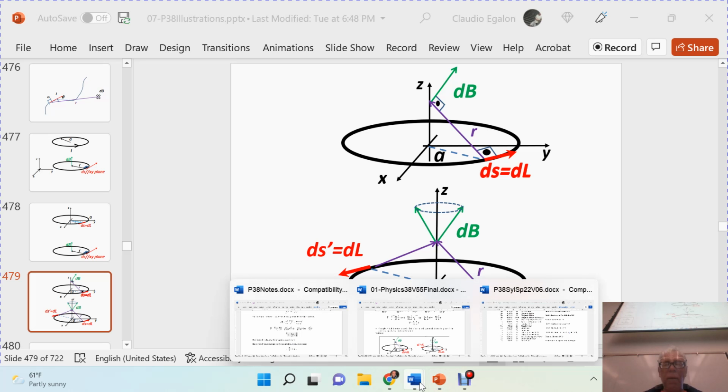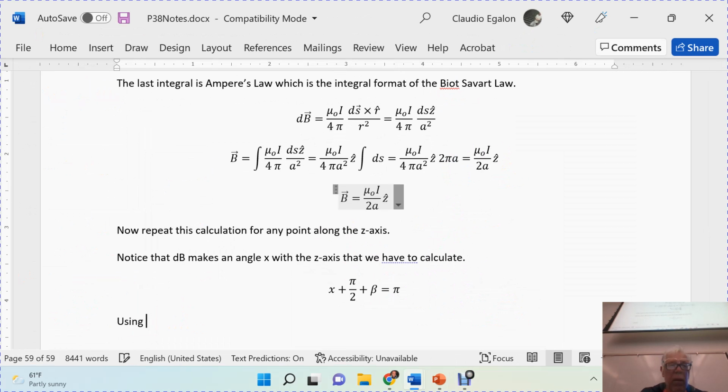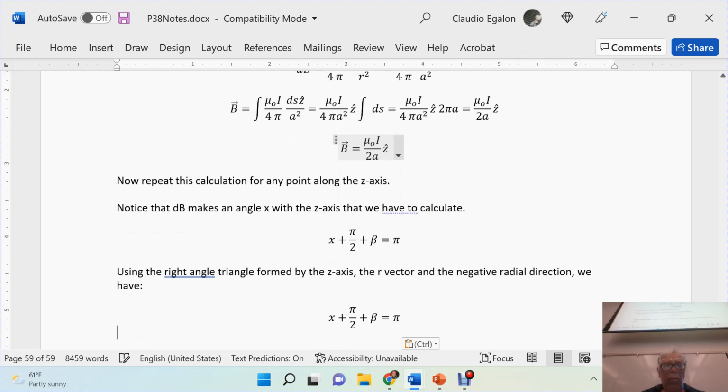I'm going to write that down here, using the right angle triangle formed by the z-axis, the r vector, and the radial and the negative radial direction, we have, okay, the first one that we are going to mention is going to be the beta.